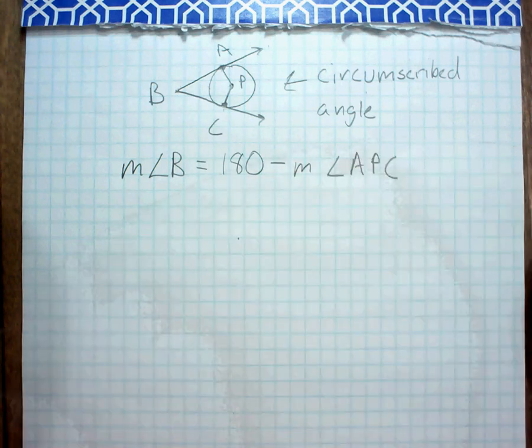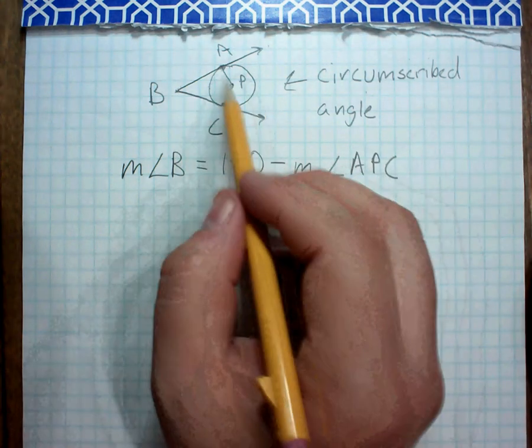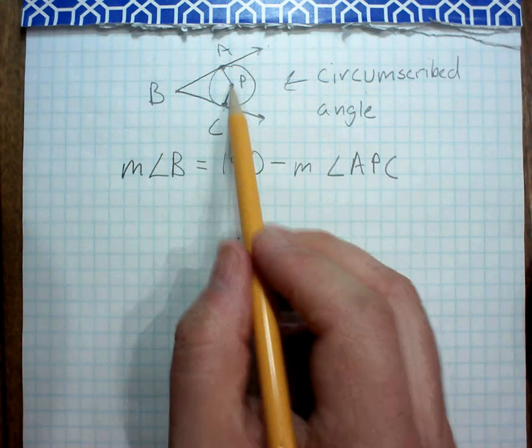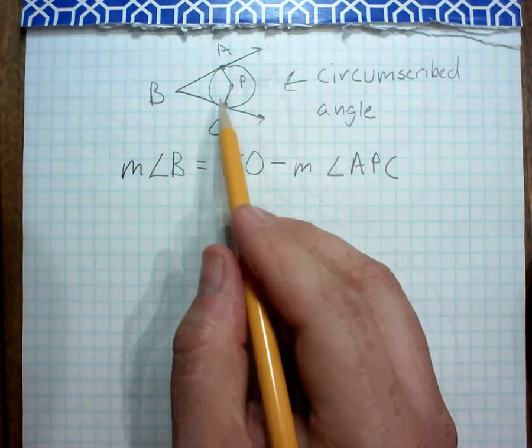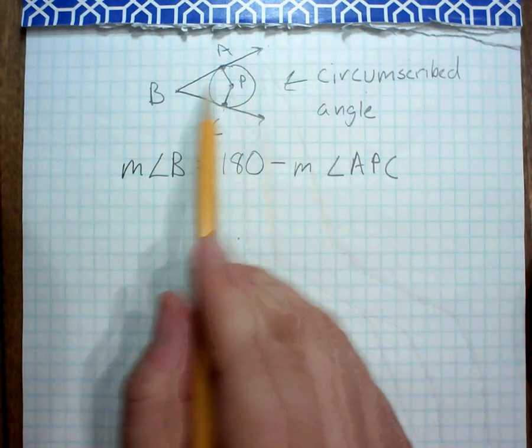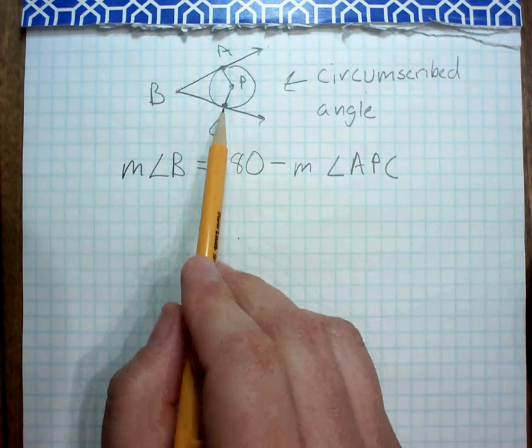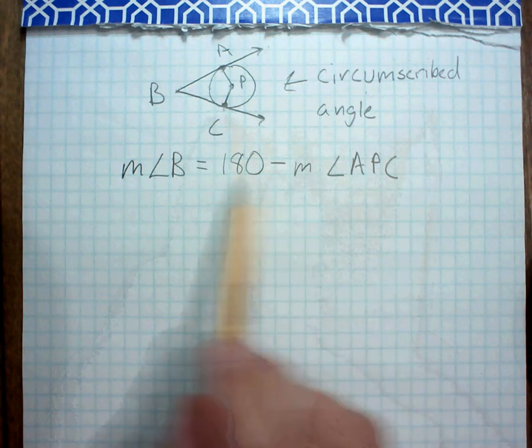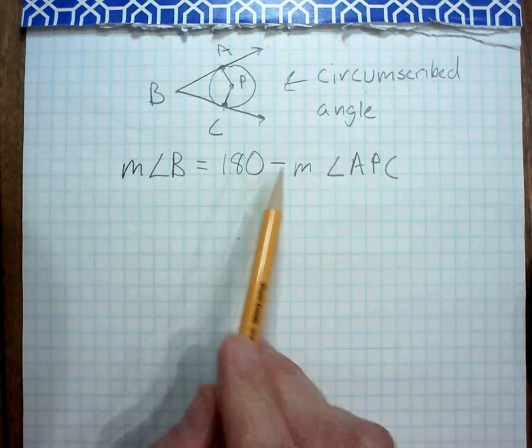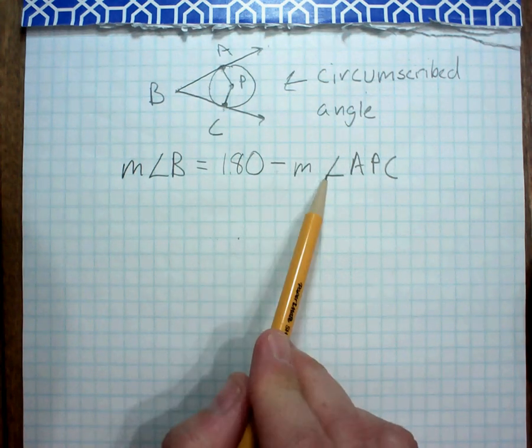Now the reason for that, well, I don't want to explain it, but basically what you're going to do in one of our example problems is, to find the measure of this angle here, you're going to find the central angle of the circle, and you're going to say 180 degrees minus the central angle of the circle. Okay?